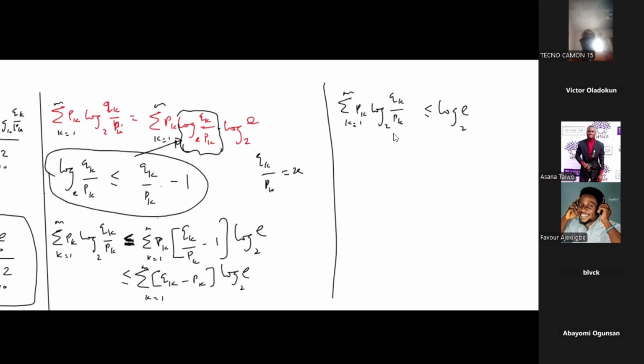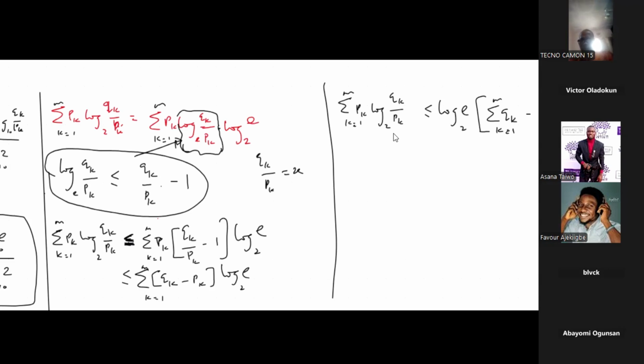Now we can open this up times sigma k equal to 1 to m q sub k minus sigma k taking values from 1 to m p sub k.